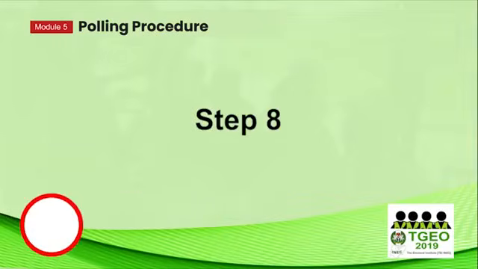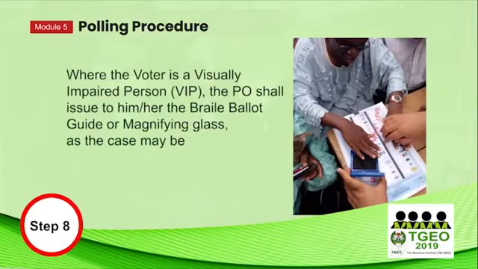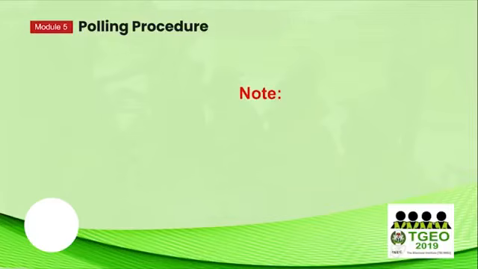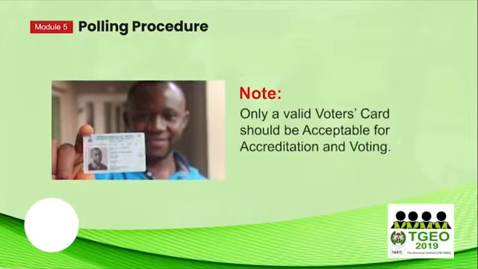Step 8. Where the voter is visually impaired, blind, VIB, the PO shall issue to him or her the Braille ballot guide or magnifying glass, as the case may be. Note: only a valid voter's card should be acceptable for accreditation and voting.